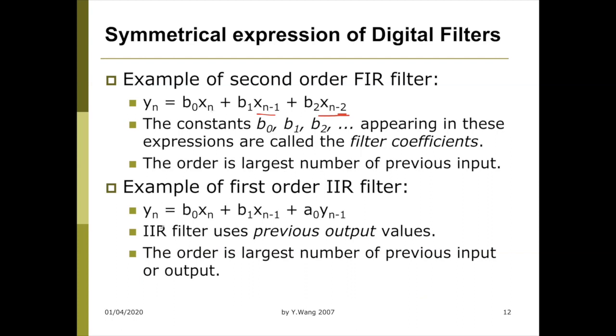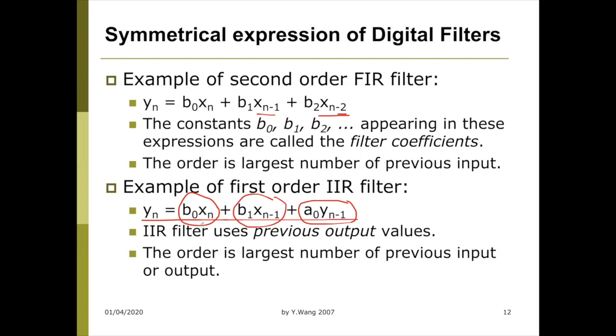Okay, so the second equation demonstrates an example of an IIR filter, infinite impulse response filter. This expression says yn equals not just xn, which is the input sample, and xn minus 1, which is the previous input sample, but also the previous output samples. So the output samples also participate in this process.